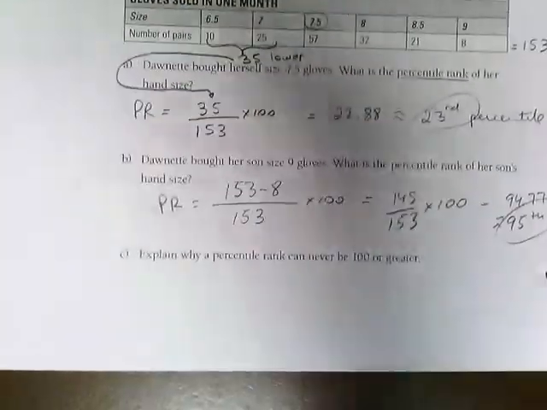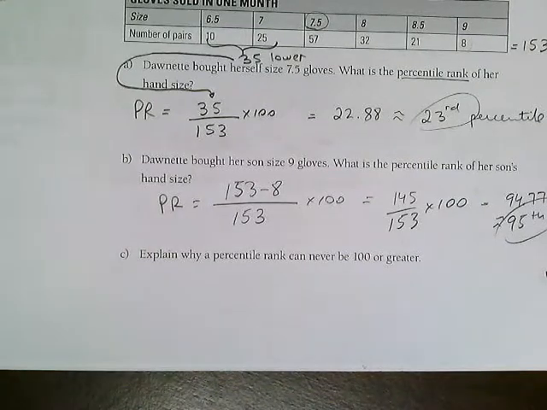Next, C, which is important: explain why percentile rank can never be 100% or greater.